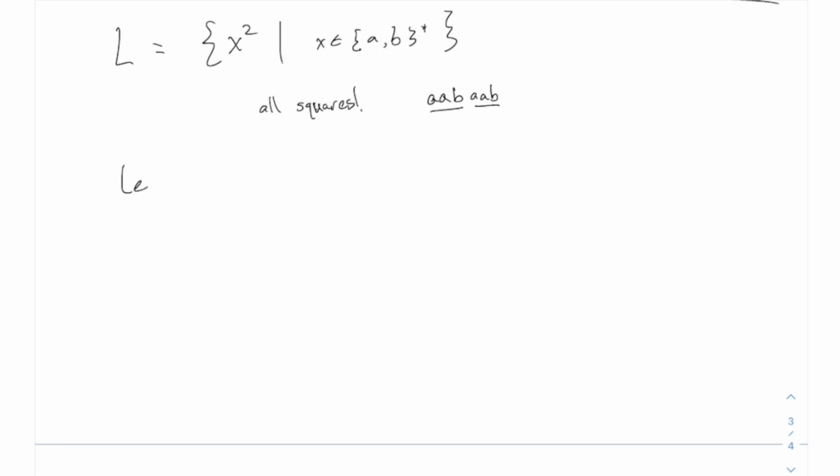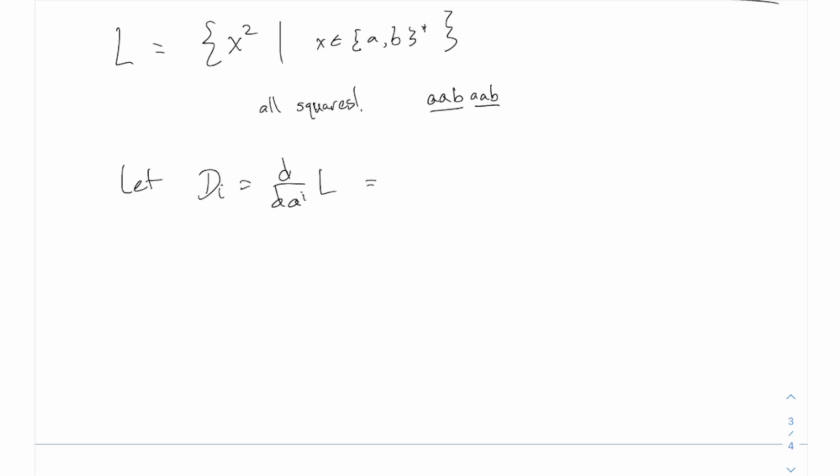So I'm going to say let B_I be the derivative with respect to A to the I of L. And now, what is the set that's left over? When you consider only those which began with A to the I, you take those A to the I's away, what can you say about the rest? What is left?